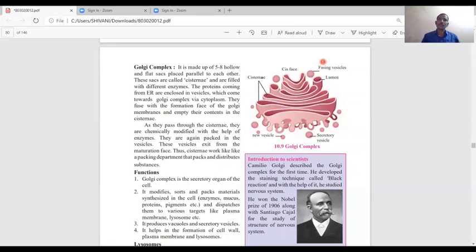The proteins coming from the endoplasmic reticulum are enclosed in vesicles, and those vesicles come towards the Golgi complex via the cytoplasm.